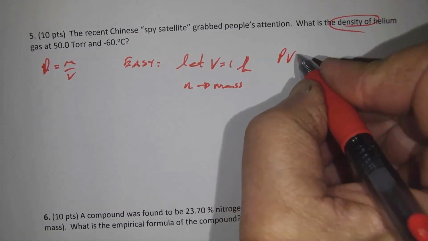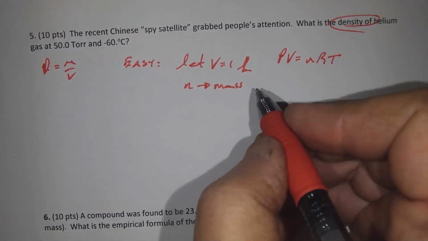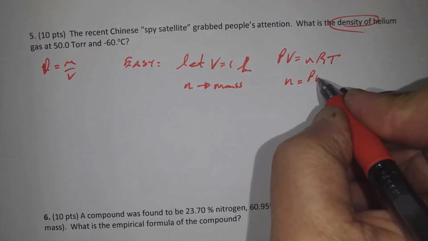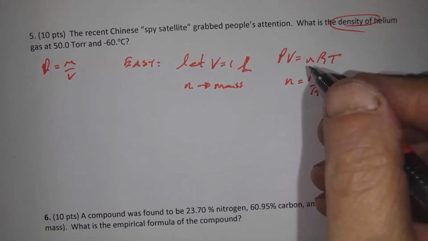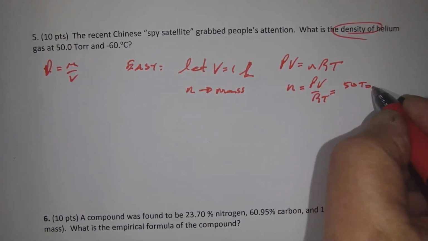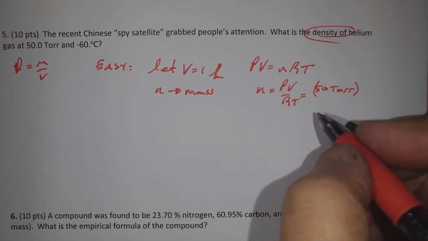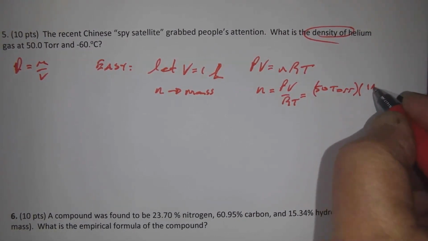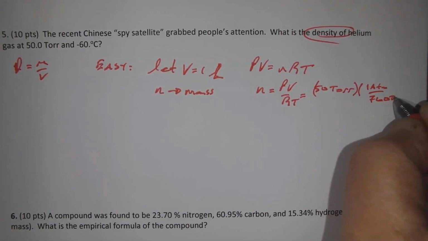We've got the ideal gas law, PV equals nRT. We need to figure out how many moles we have. So we have n is going to equal PV over RT. Equals, well, let's see, they tell us that we got 50 torr. We might jump forward and say, oh, but I need this in atmospheres, so I know that 1 atmosphere is 760 torr.